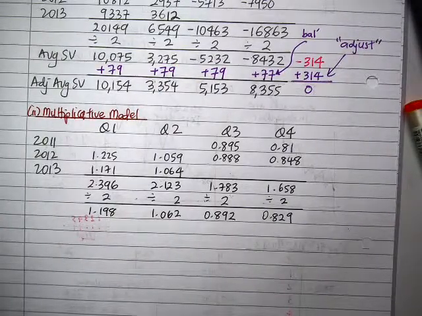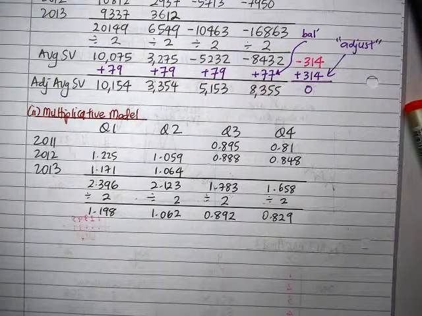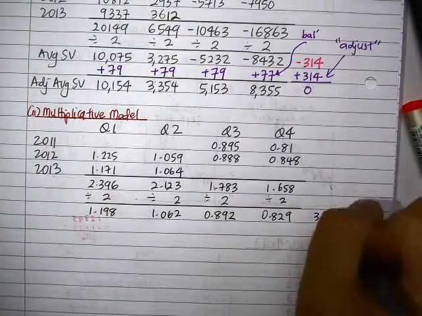Now class, you're going to do the same thing now. You add up all the values together. You will get 3.981. Okay.